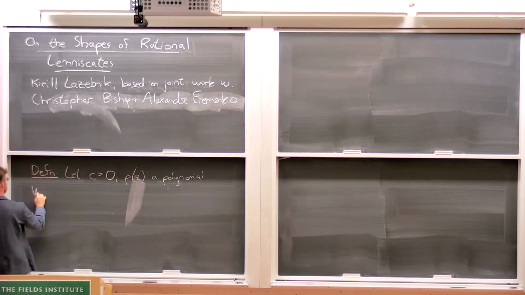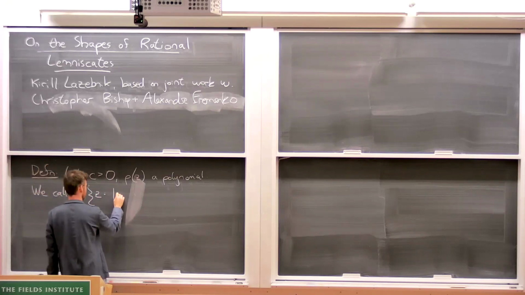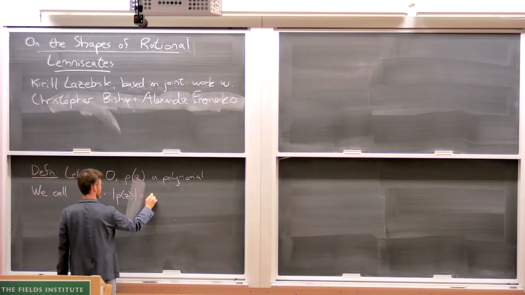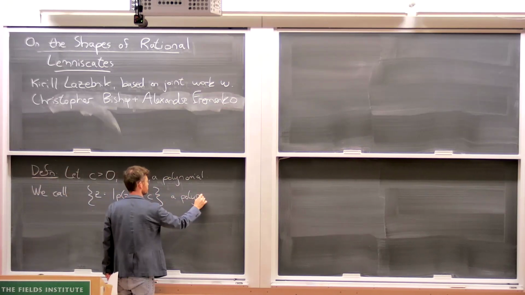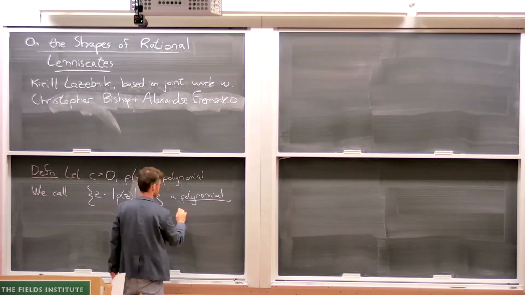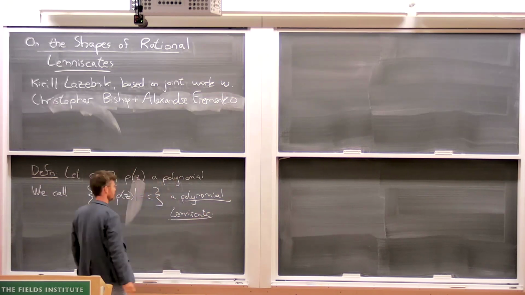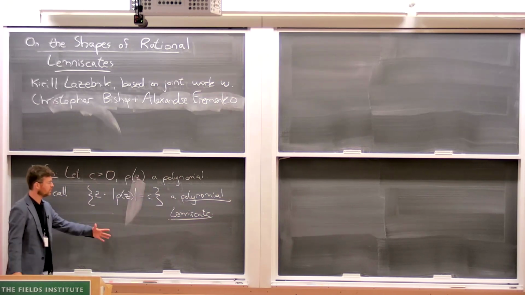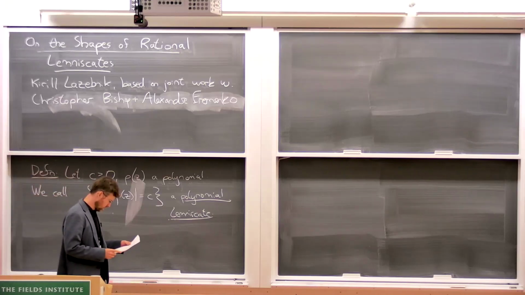Then we call the set of Z such that the absolute value of P of Z is this given constant C a polynomial Lemniscate. So it's just the pullback of a circle under a given polynomial, a pullback of a circle centered at the origin of whatever radius you would like.